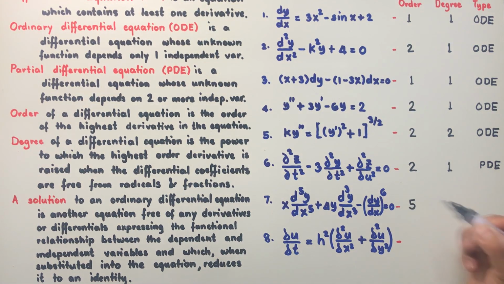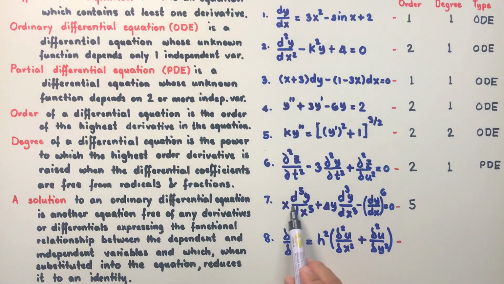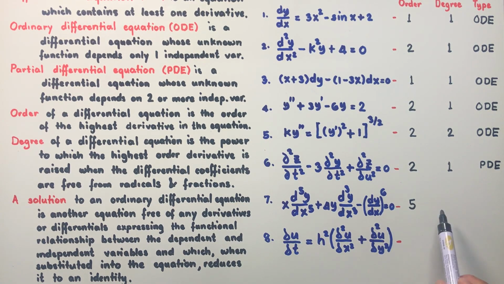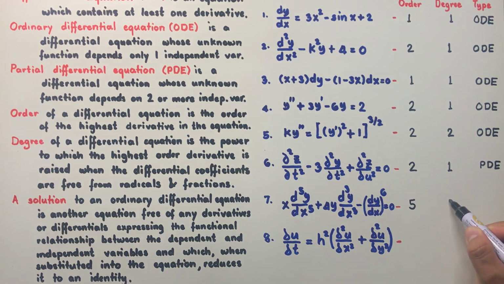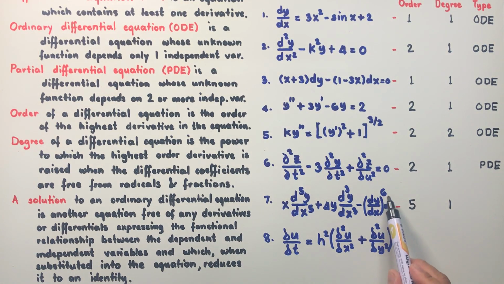Because we can see here the fifth derivative of y, and this is the highest among all the derivatives involved in this equation. But what is the degree of this differential equation? The degree of this differential equation is only 1, and it is not 6. Why? Although 6 is higher than 1, this is not the highest derivative in this equation.